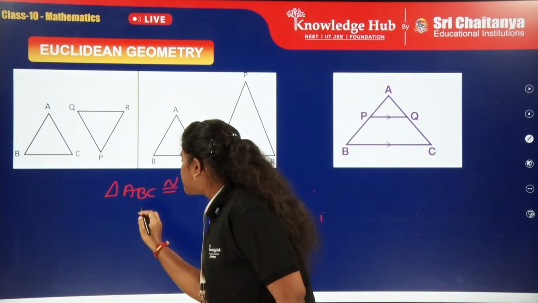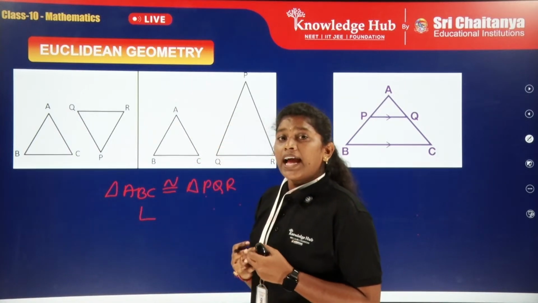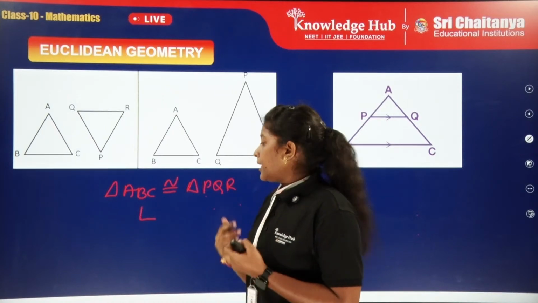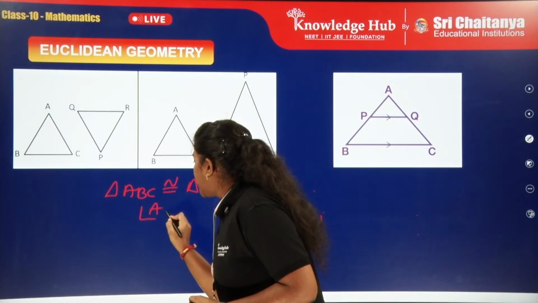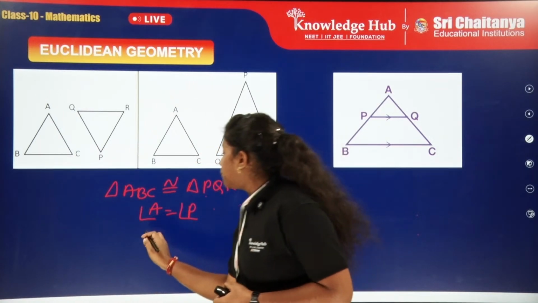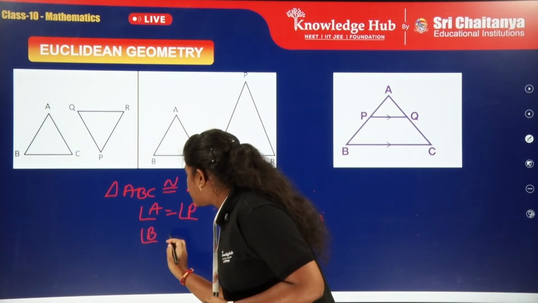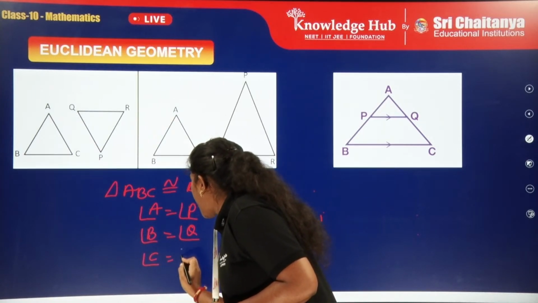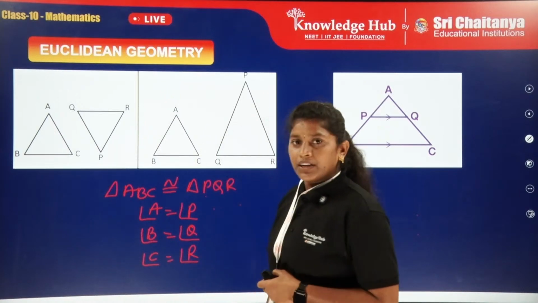So from these conditions we can write that corresponding angles are equal and corresponding sides are equal in congruent figures. That means corresponding angles: angle A will be equal to angle P. Okay, and moving to the next, angle B will be equal to angle Q and angle C will be equal to angle R. Understood?